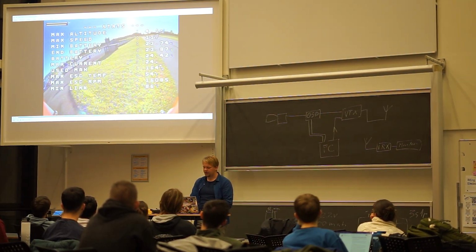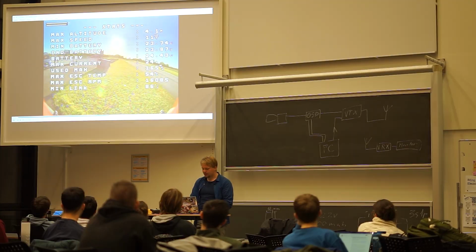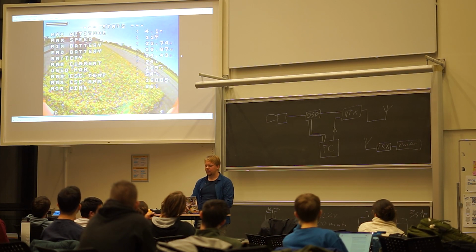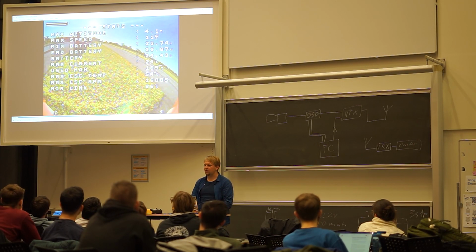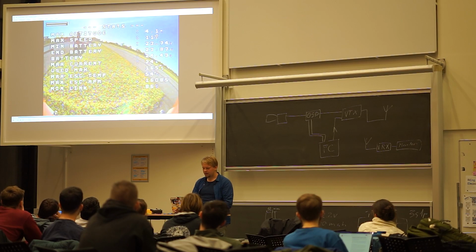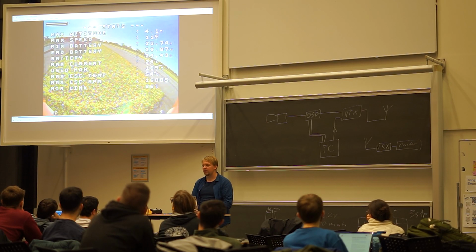The video feed isn't great, but it is what it is. And here you can see it can display a bunch of different information, from like max speed 11 kilometers an hour, altitude, battery. It has the end battery, that is very important compared to the minimum battery, because quite often it's not the same.